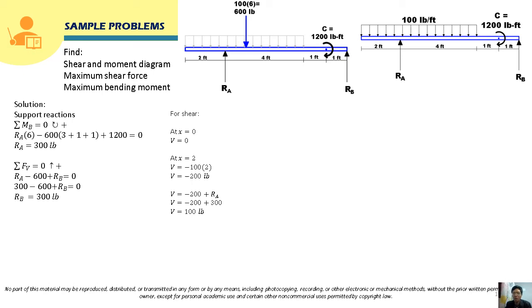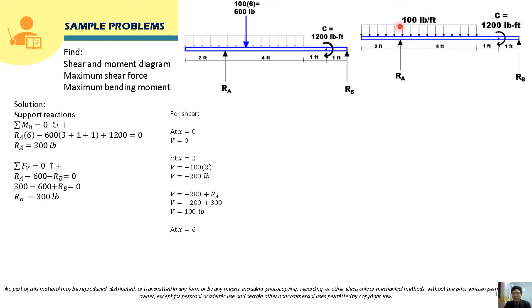Okay, now for the next point, that will be at this point. This is 2 plus 4, so that will be 6 feet from the left. So at x equal to 6, the shear here will be the previous shear minus the area of the loading at this segment.